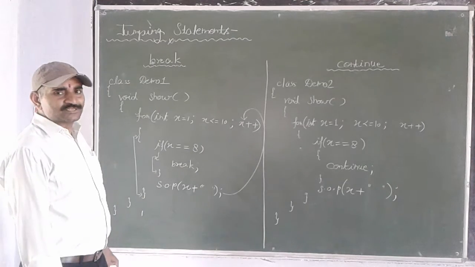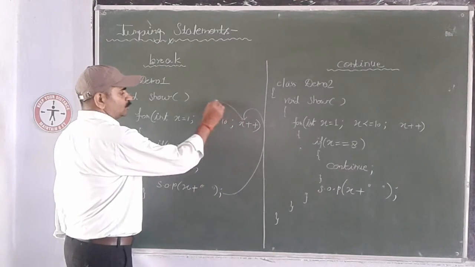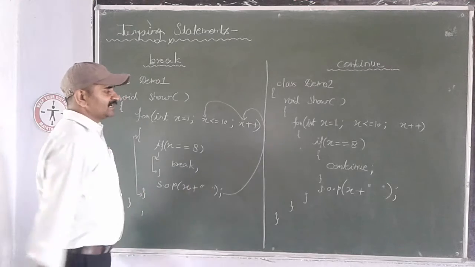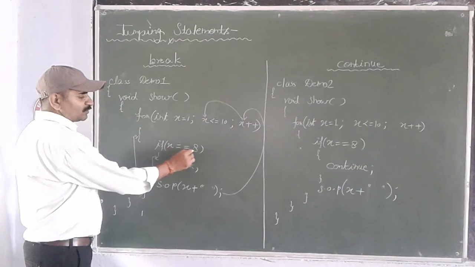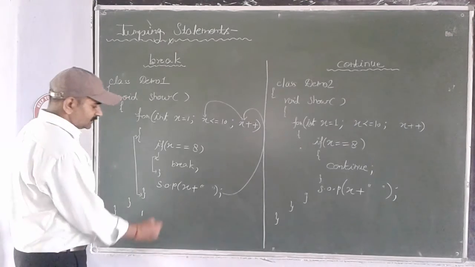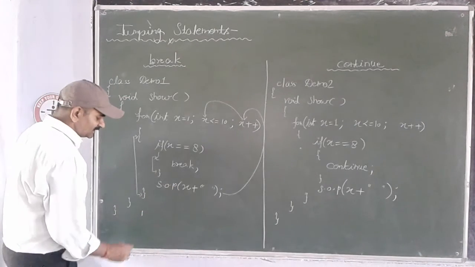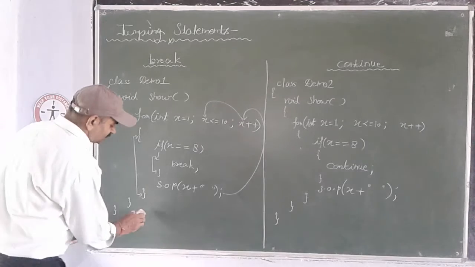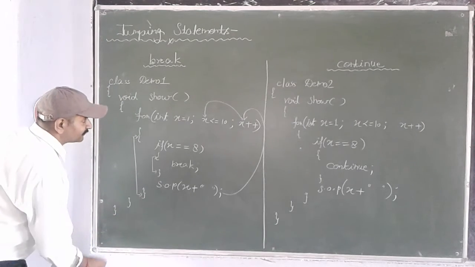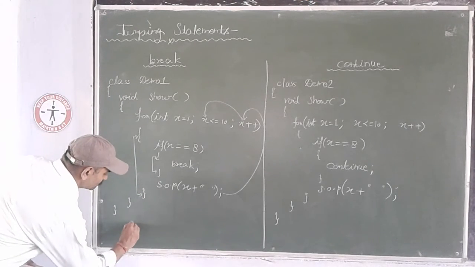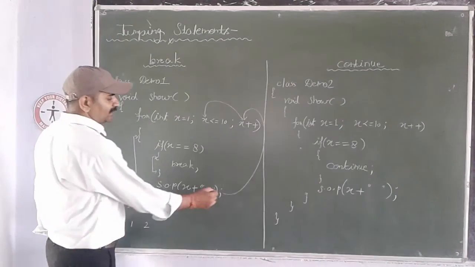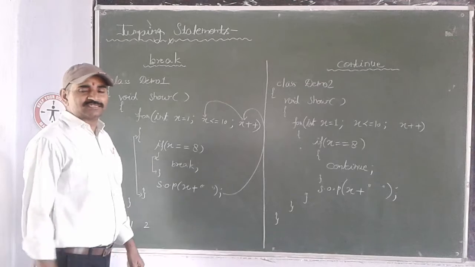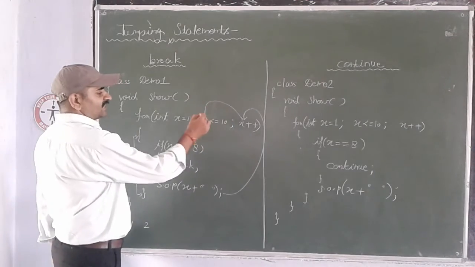So x becomes 2. 2 is less than equal 10. Condition is true, so control goes to the body of the loop. 2 is equal 8, false. System.out.print, so the output is here first 1, then 2. Now x plus plus, x becomes 3. 3 is less than equal 10.